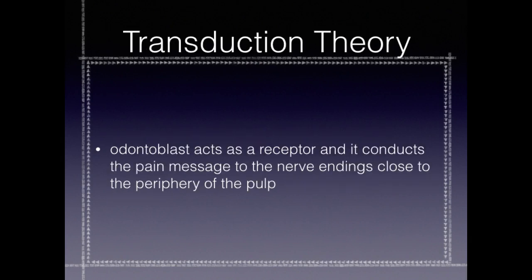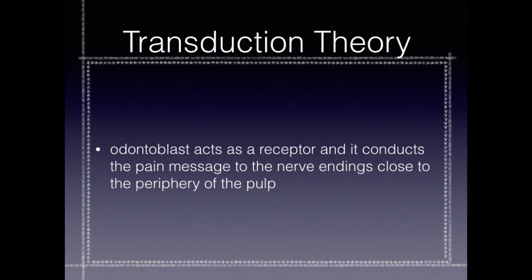The second theory is rather interesting because it has to do with the neural crest cells, which, remember, are the cells that formed the neurons in the spinal cord and the brain. When they migrated down into the facial area, the theory is that the odontoblast, because it differentiated from that interaction, will actually act like a nerve, acting as a receptor and conducting that pain message to the nerve endings sitting close to the pulp.